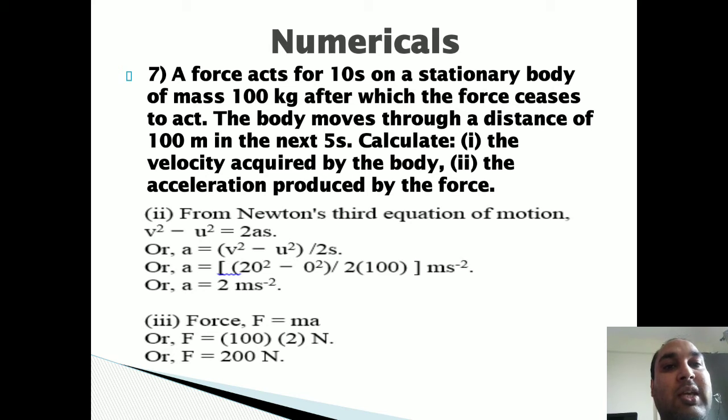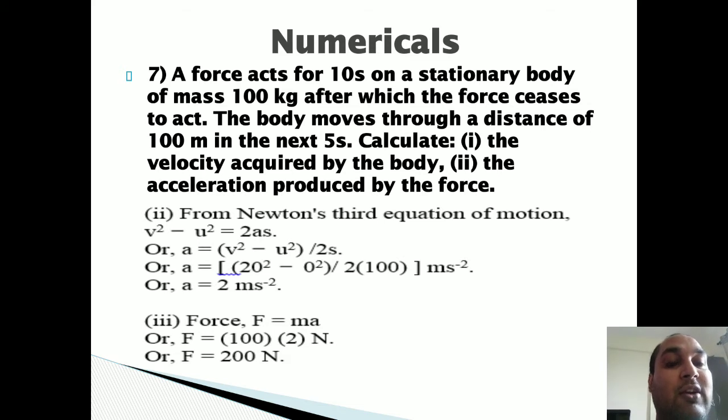So a is equal to v square minus u square upon 2s. So 20 square minus 0 upon 2 into 100. After solving, a is equal to 2 meter per second square.